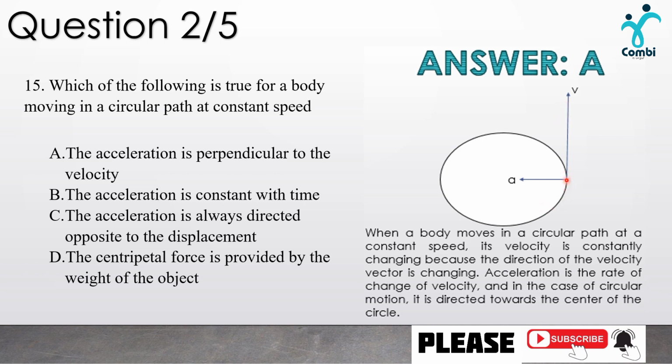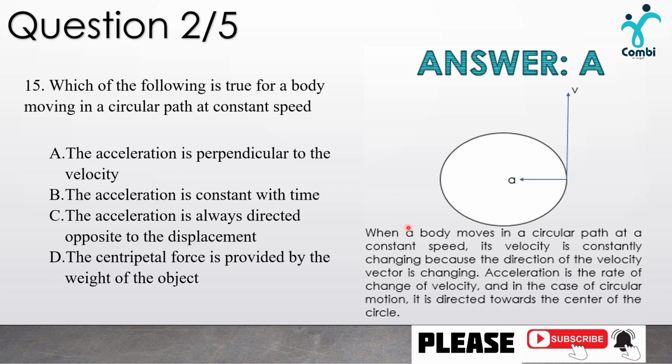Sorry, I didn't draw it like a point object. It actually needs to be a point object. Sorry for that. So we have this velocity here moving towards this direction, and you have the acceleration moving towards the center, and this acceleration is often called the centripetal acceleration. So you see the acceleration is perpendicular to the velocity.